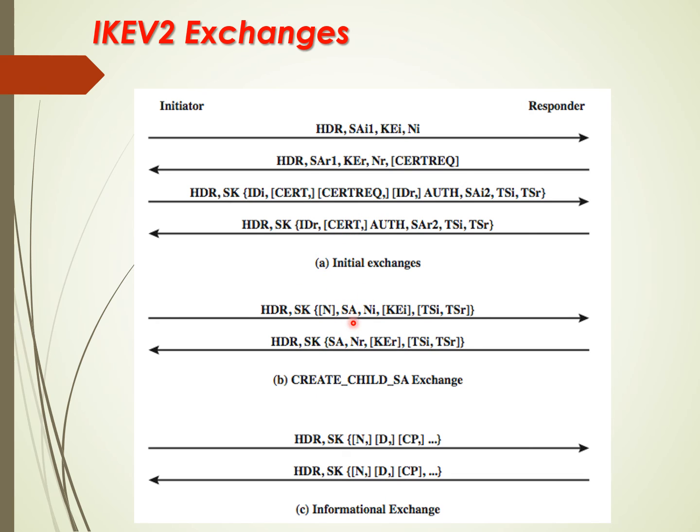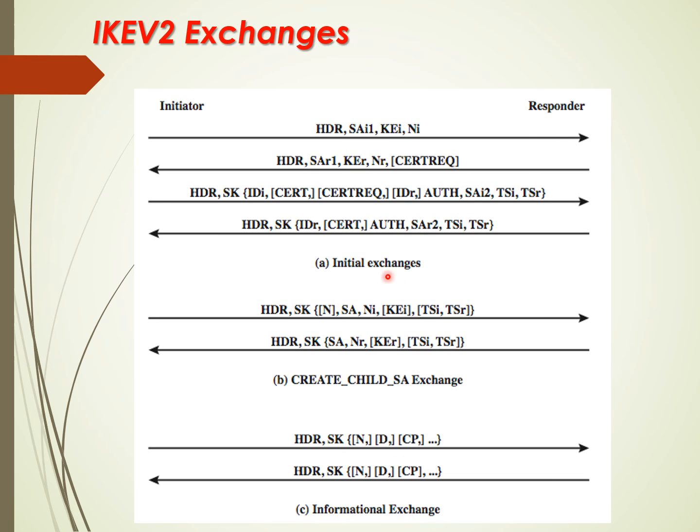Figure A shows the initial exchanges, and figure B describes creating a child security association exchange, and the third and final exchange is the actual information exchange. So after the successful completion of the initial exchange and the create child security association exchange, the actual information will start being exchanged.